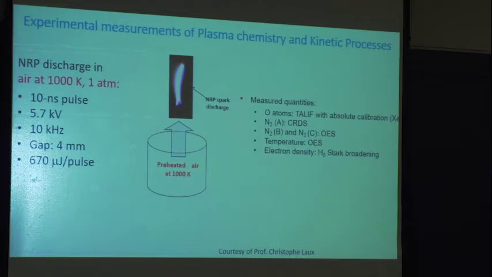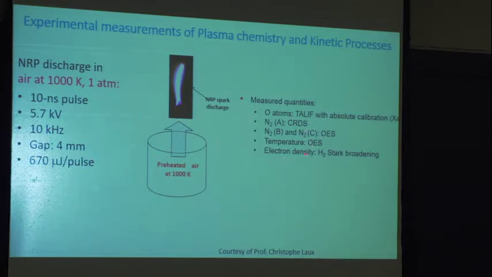And try to understand the kinetic processes of the plasma. So what is measured? Atomic oxygen is measured using two-photon laser-induced fluorescence. And they measure excited nitrogen using cavity ring-down spectroscopy, nitrogen B and C states using emission spectroscopy, and temperature using emission spectroscopy.